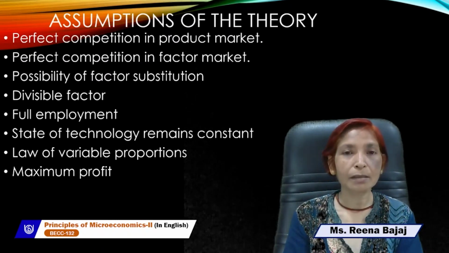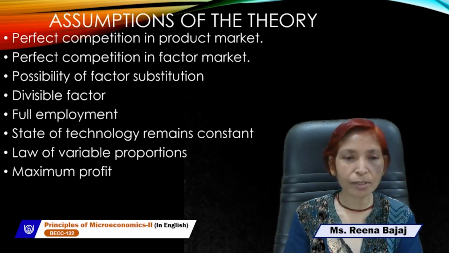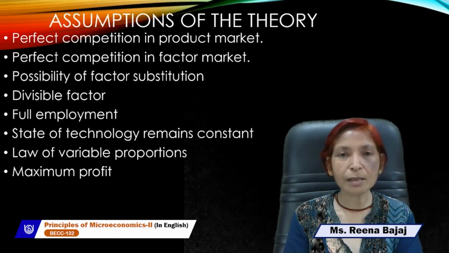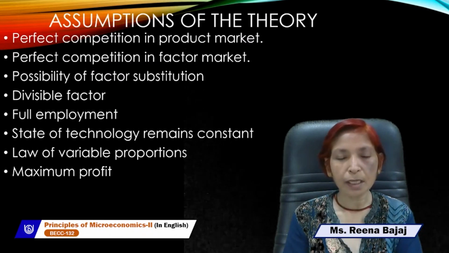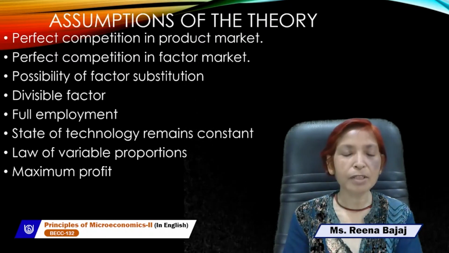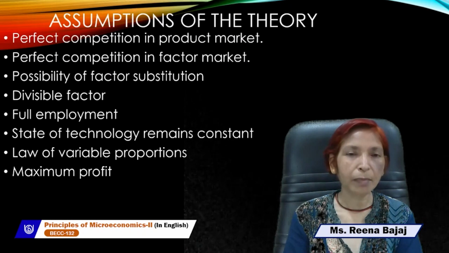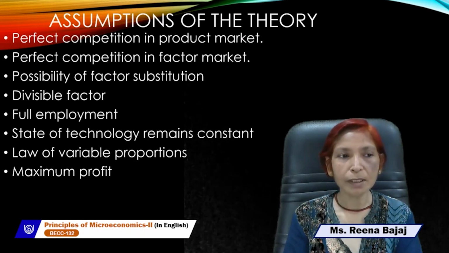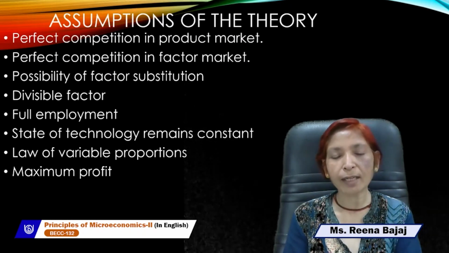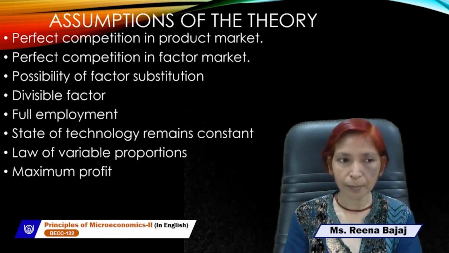Otherwise, we know that all factors of production are necessary for the production of goods and services. We can't substitute labor in place of land. We can't substitute capital in place of labor. Factors are not perfectly substitutable, but this theory assumes that the possibility of factor substitution exists.